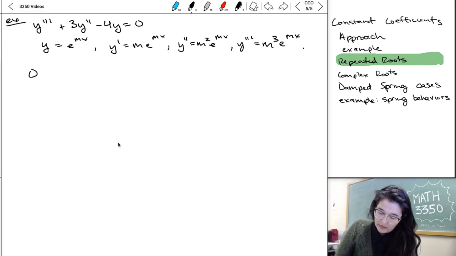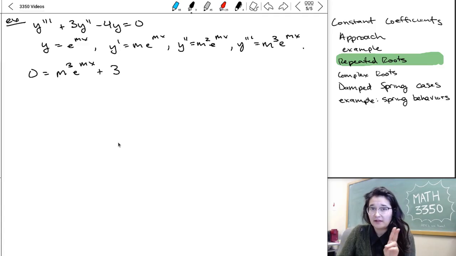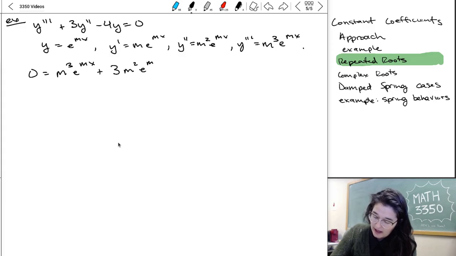So I plug into my ODE, and I'm going to have y triple prime, which was m cubed e to mx, plus 3 times the second derivative, y double prime, that's m squared e to mx, minus 4 times y, which was just e to mx.